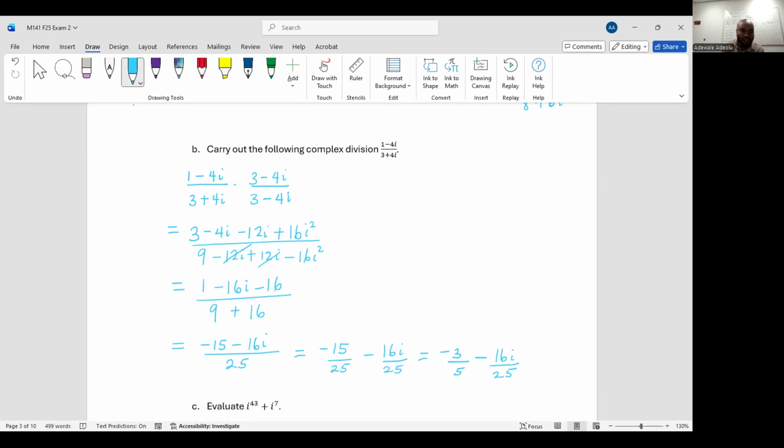So that is 3, so that is minus 13. So that is minus 13 over 25 minus 16i over 25. So this should be the answer.